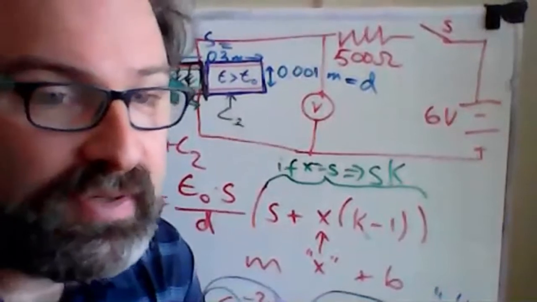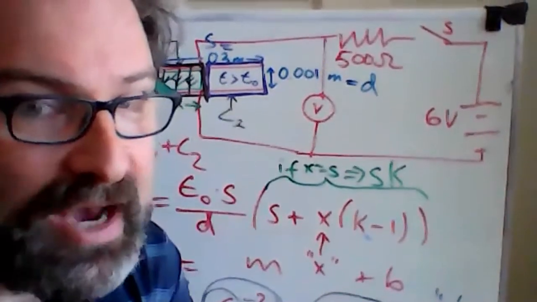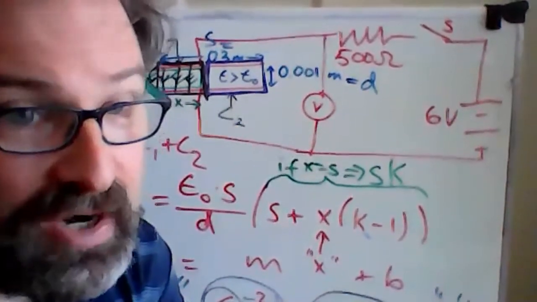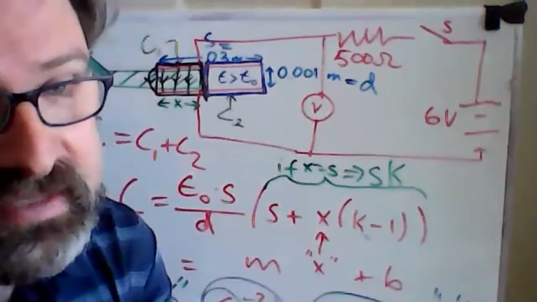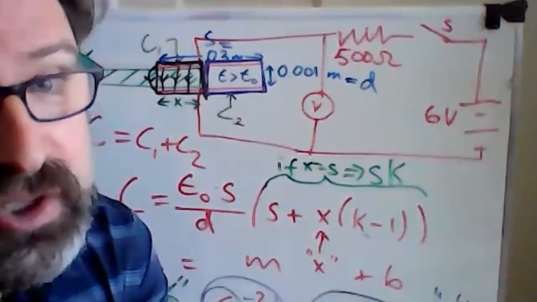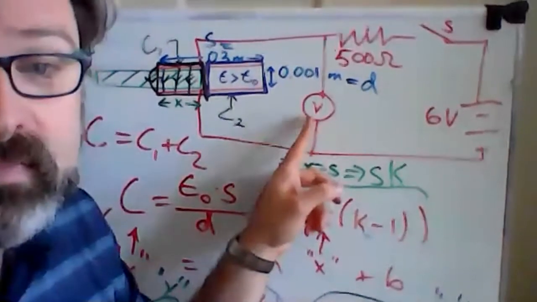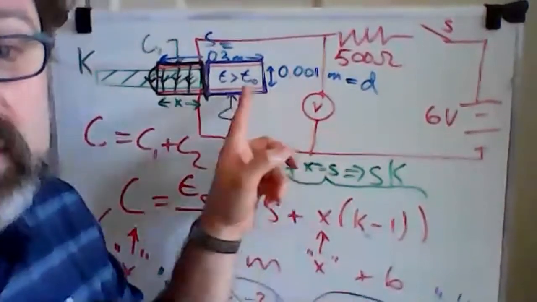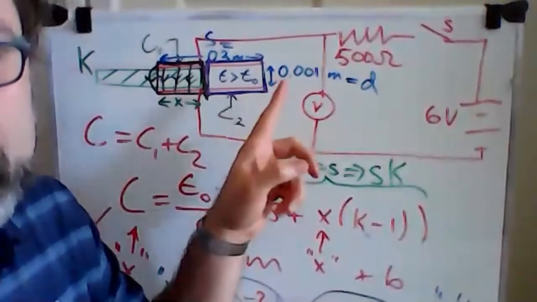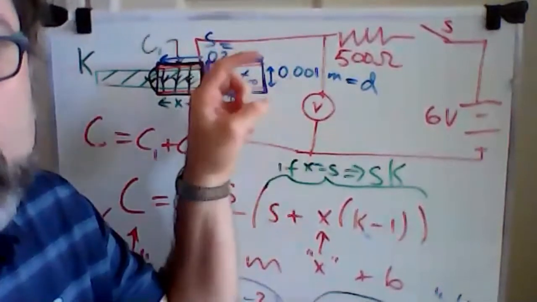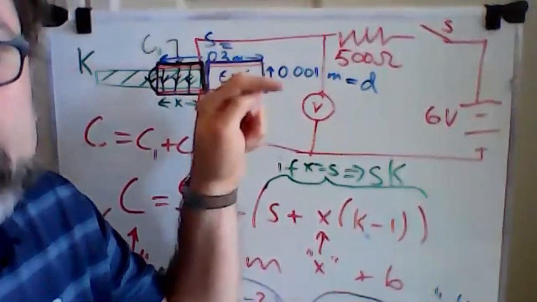So if the question had asked how might measurement error have caused this number to be different, then you could talk about the voltmeter probably having some imprecision. Your meter stick, well, you can't use a meter stick for this, but your micrometer or whatever you're using here has some imprecision.